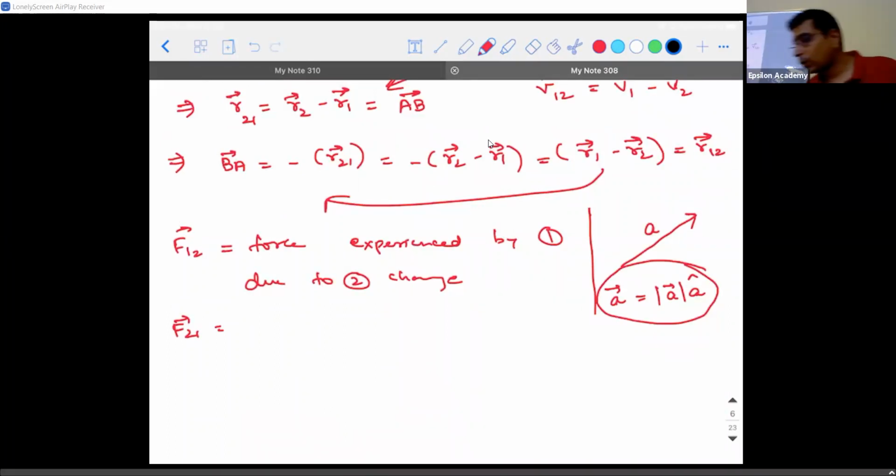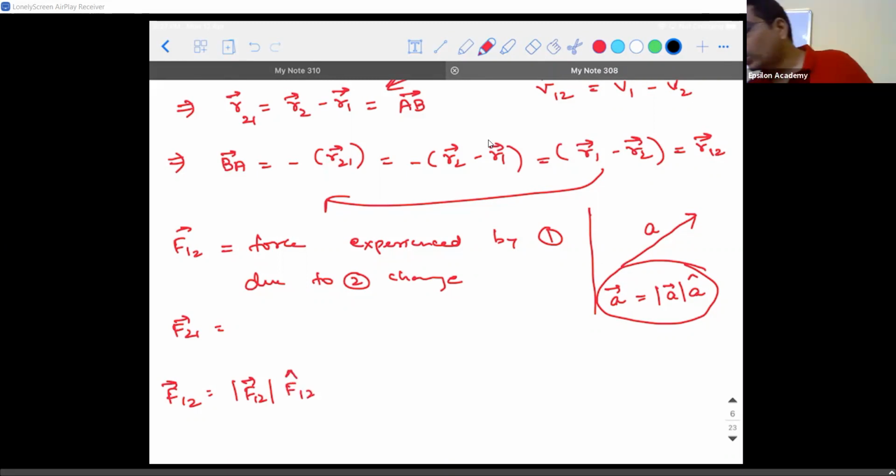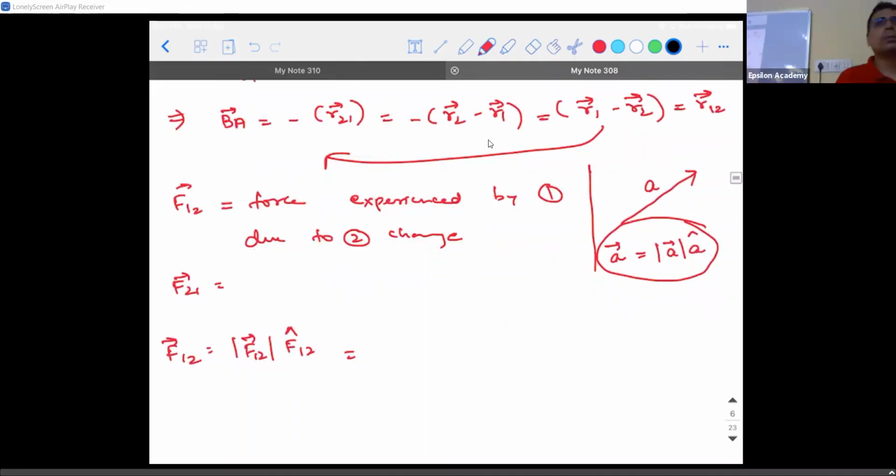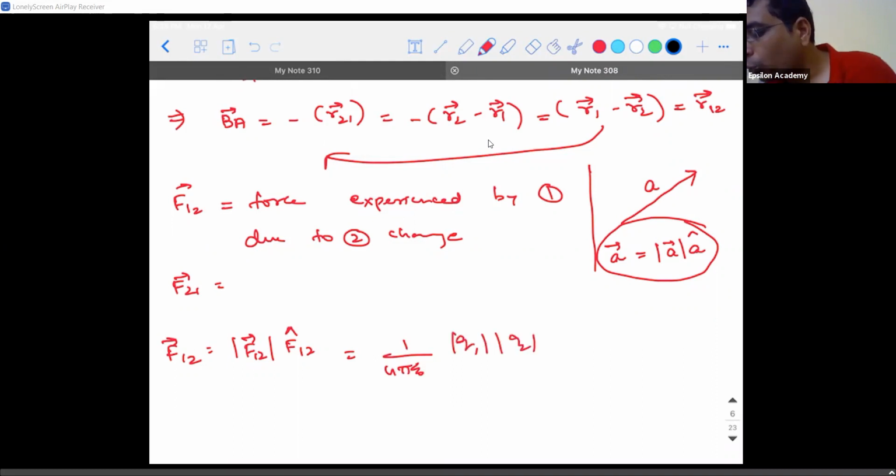Now, using this logic of A vector equals magnitude of A vector times A cap, how can I write F12 vector? F12 vector will be magnitude of F12 vector times F12 cap. What is the magnitude? By Coulomb's law, it is 1 by 4 pi epsilon naught multiplied with Q1 into Q2, the whole divided by R square.